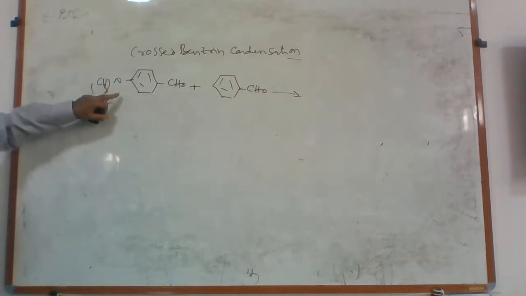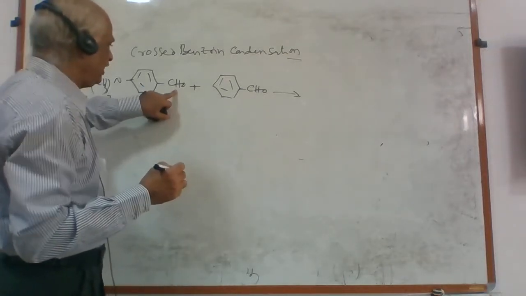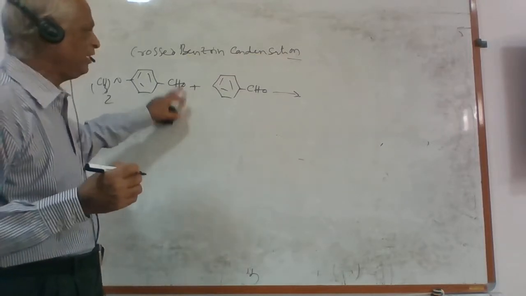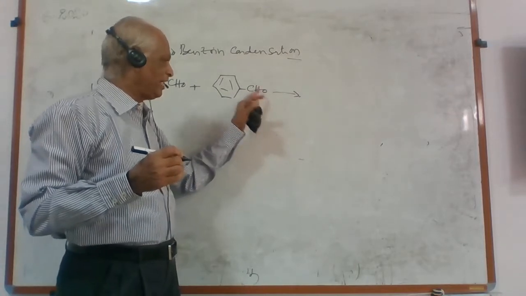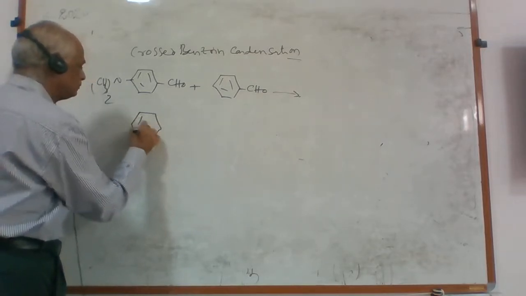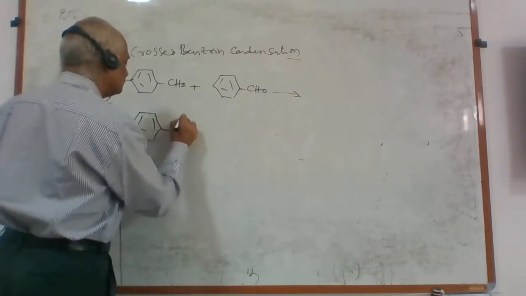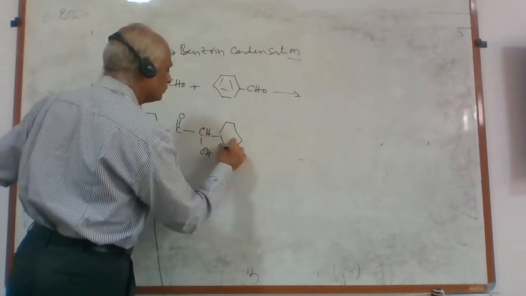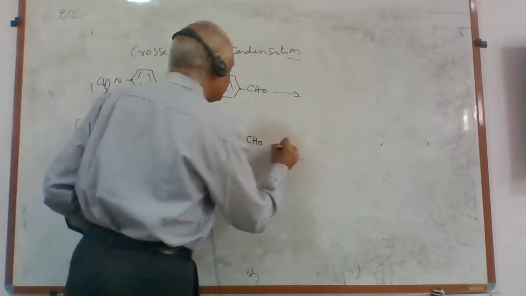That means there is a possibility of two products. If para-dimethylaminobenzaldehyde forms a carbanion, it can be accepted by benzaldehyde, forming the product number 1.